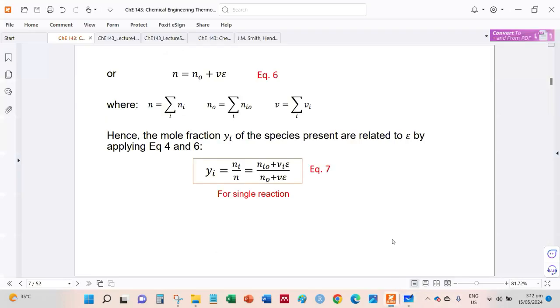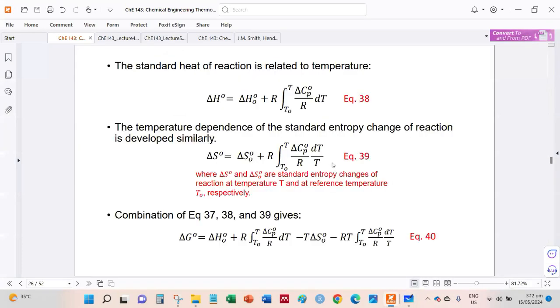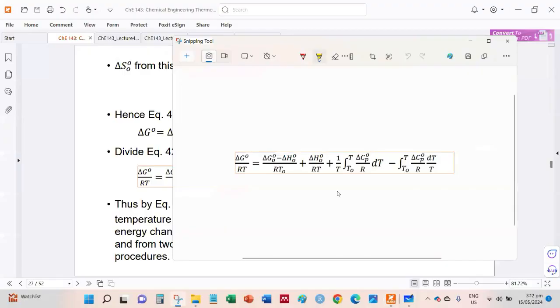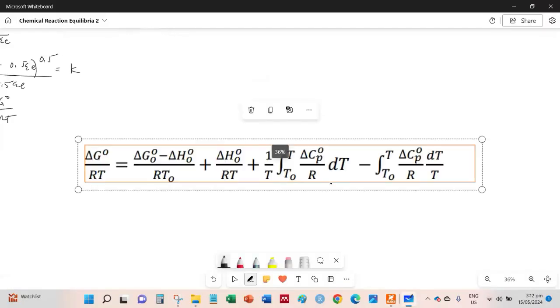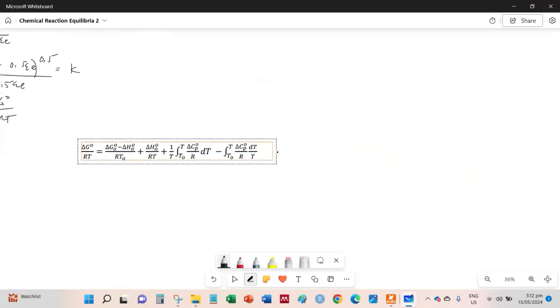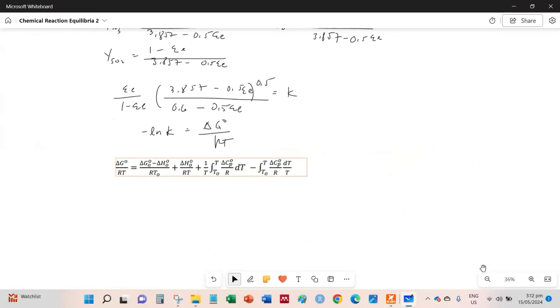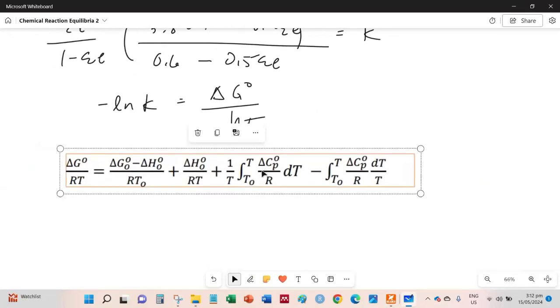So I'll just copy paste here that equation, this one. That's the reason why we calculated for the delta H and delta G earlier. So I'll be using it here.